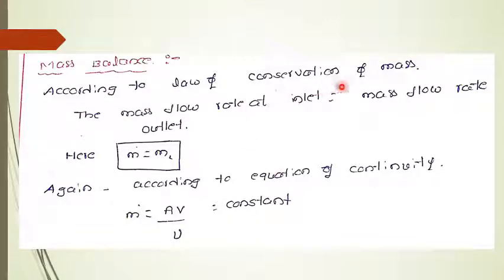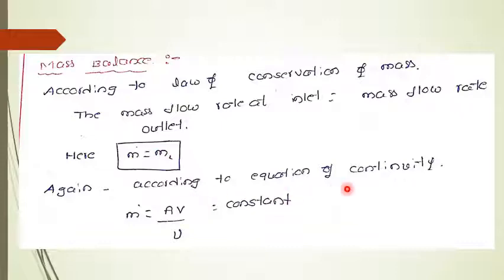According to the law of conservation of mass, the mass flow rate at inlet equals the mass flow rate at outlet, similar to the energy conservation principle, where energy at inlet equals energy at outlet. So I can write m dot 1 equals m dot 2.